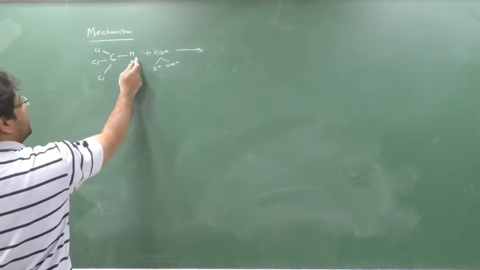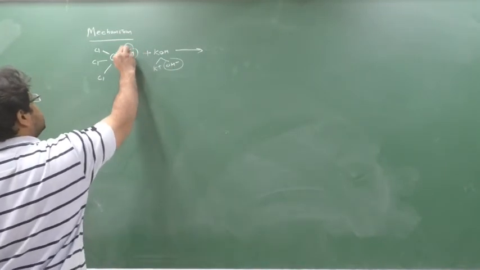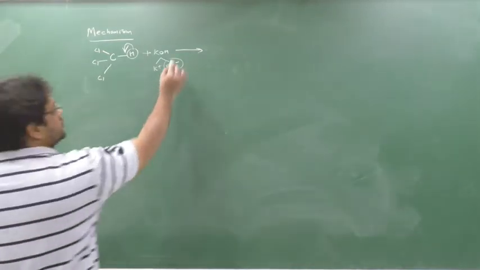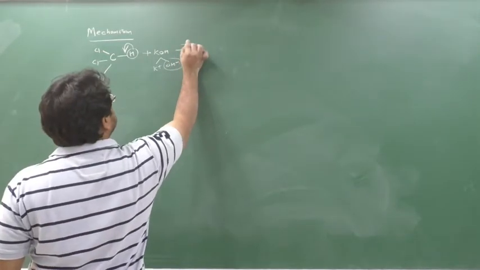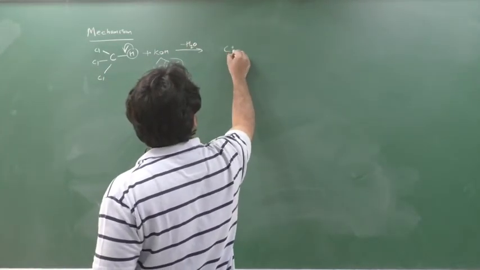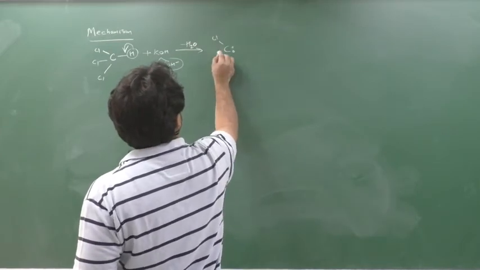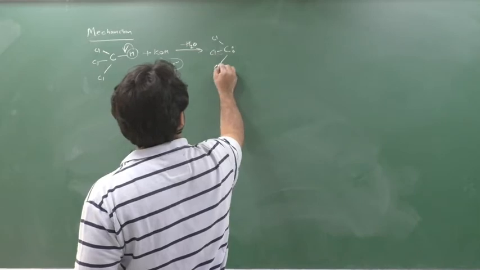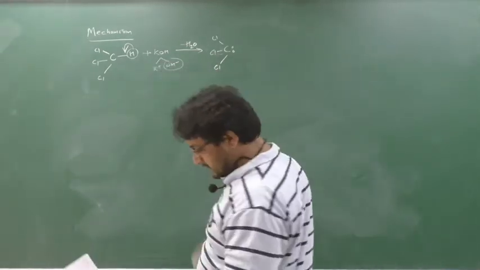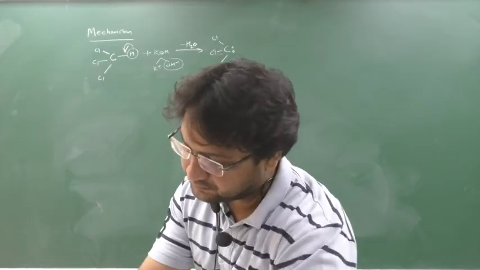When this bond becomes weak, the hydrogen is released as H plus, and OH minus takes it to release H2O. So the carbon takes the lone pair, with Cl, Cl, Cl. This is the first step of the reaction.